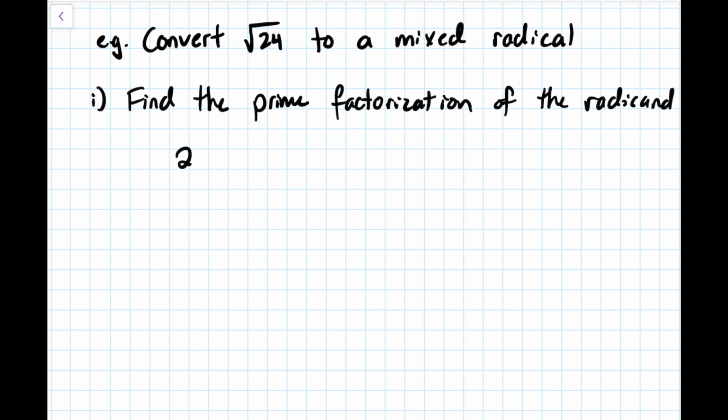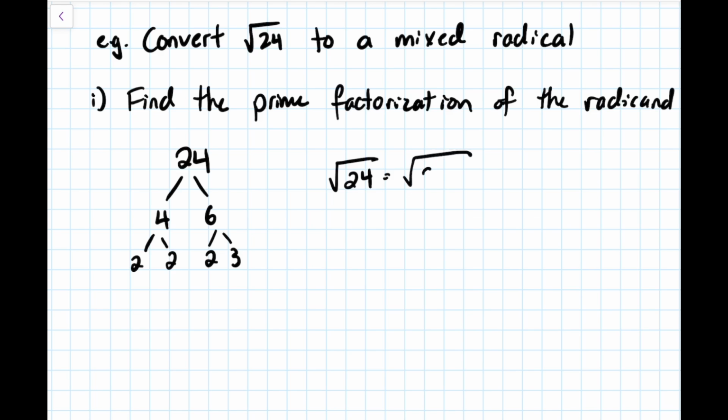We're going to take 24 and break this down in maybe a factor tree. So 24 breaks down into 4 and 6, 4 breaks down into 2 and 2, and 6 gets you 2 and 3. So our prime factorization for root 24 is going to be root 2 times 2 times 2 times 3. So we leave that thing inside the root.